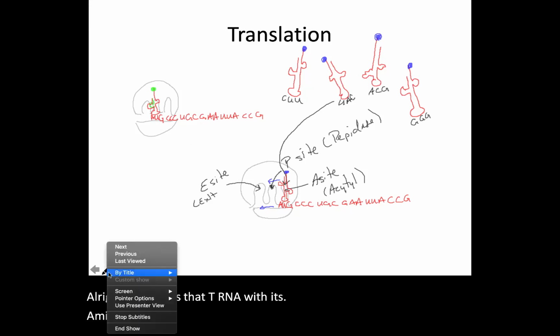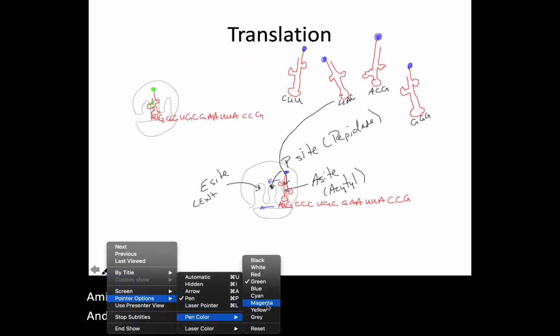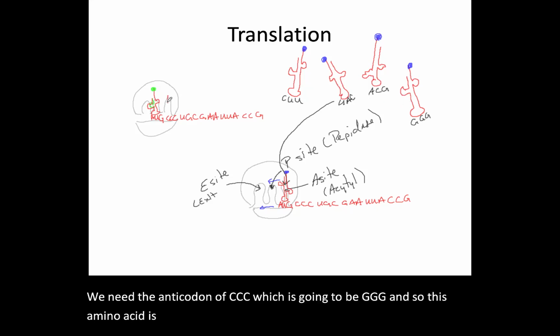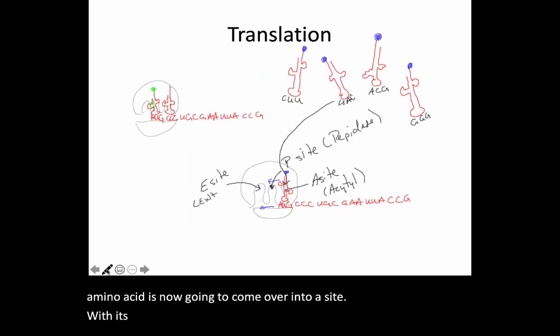And then we need the anticodon of CCC, which is going to be GGG. And so this tRNA is now going to come over into the A site with its amino acid.